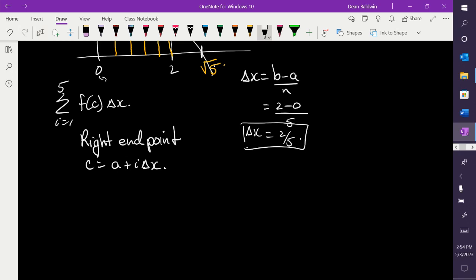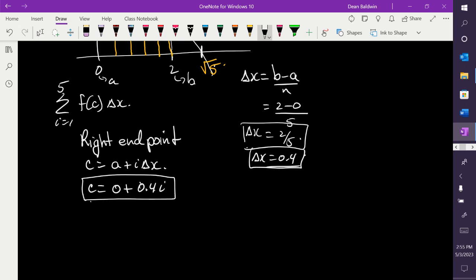This is a, and this is b. So c is going to be 0 plus i times delta x, which we just solved is 2/5, or 0.4. Let's do the decimal. So I'm going to write 0.4i. There we go.